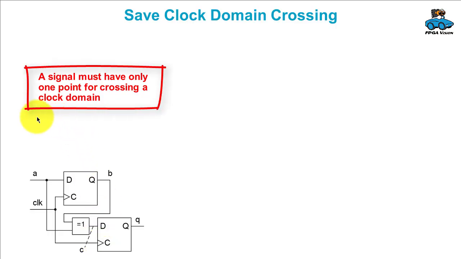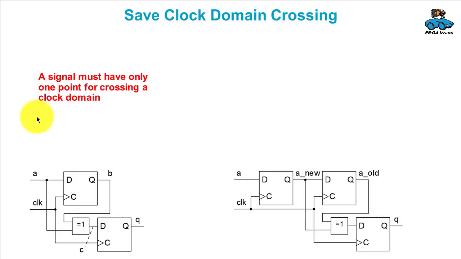So a signal must have only one point for crossing a clock domain, which means that a safe circuit would first take the signal A, perform the clock crossing to the new clock domain. So we have the signal A new. Then we have the flip-flop to store the previous, the old value of A, have the XOR, and then have the storage of the pulse. And all these flip-flops operate with a new clock.